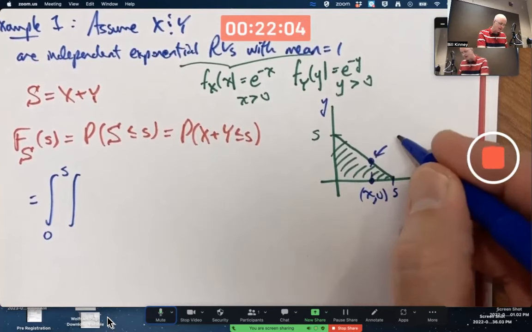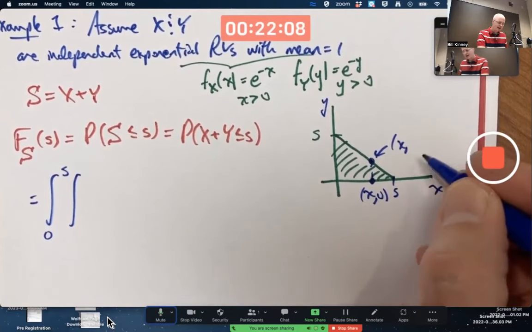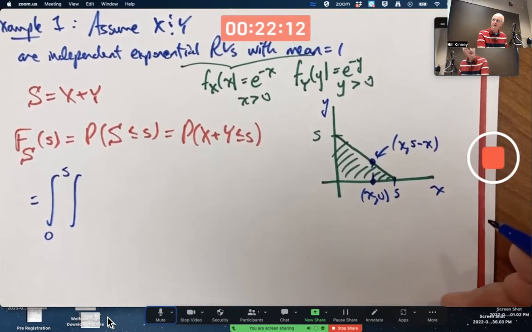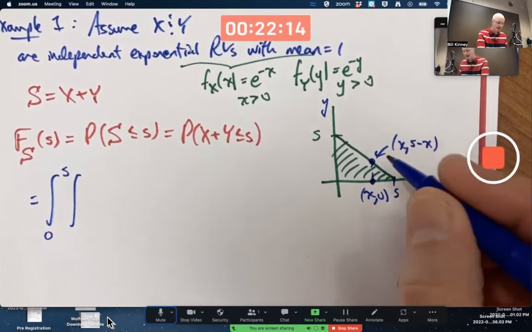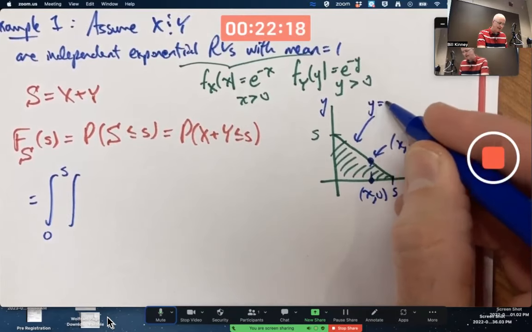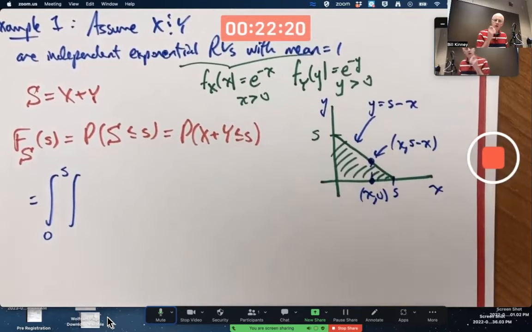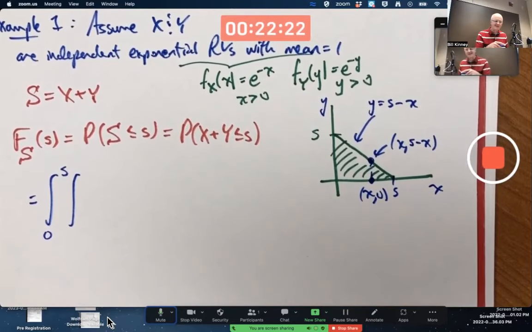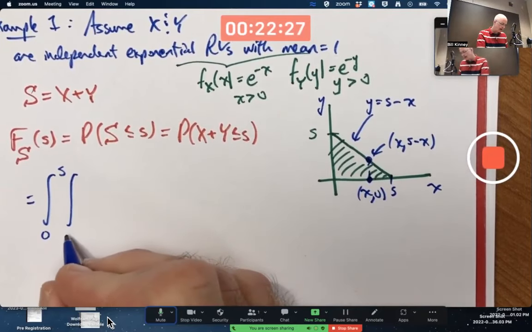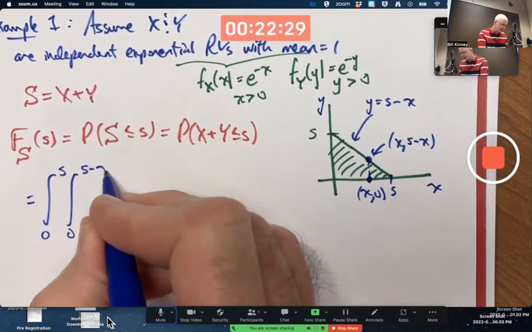This point has coordinates x comma s minus x. Right? Because that line is the equation y equals s minus x, slope of -1, y-intercept of s. I wrote it as negative x plus s before. So y goes from 0 to s minus x.